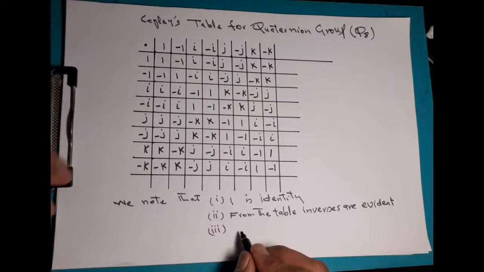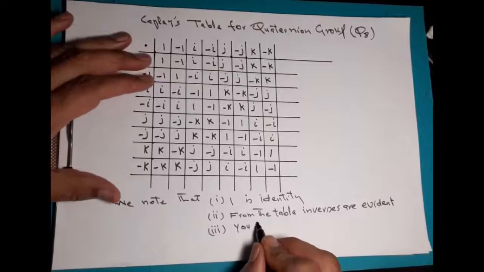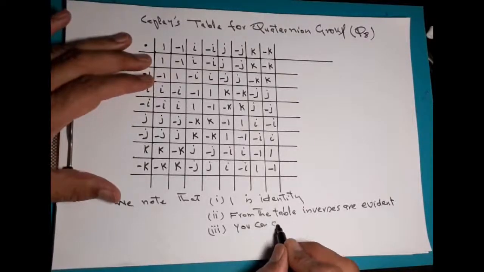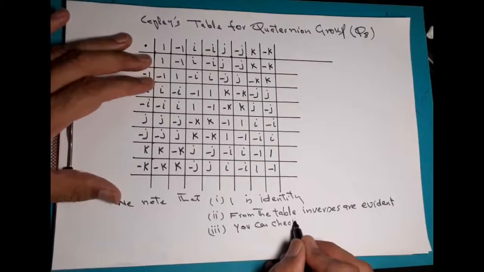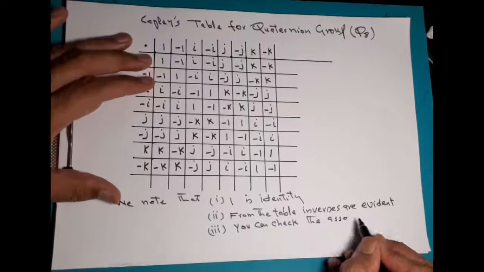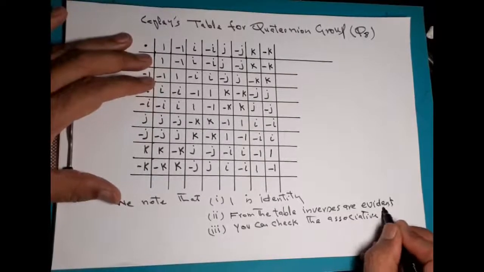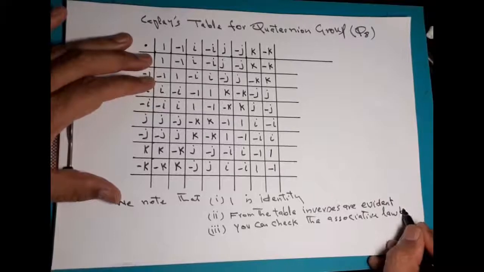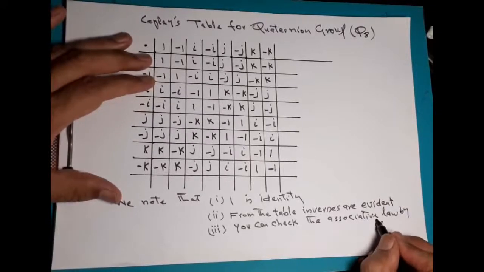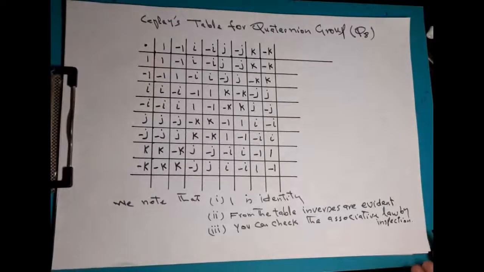You can check the associative law by inspection. It takes quite a lot of time, but it's not difficult. In fact, it's a very easy thing.